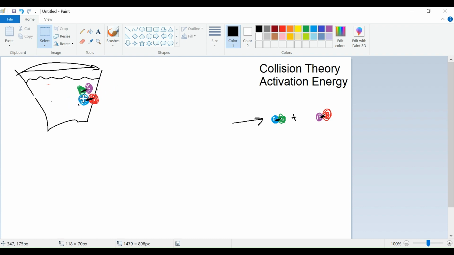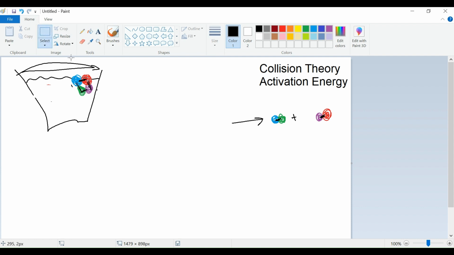But if they happen to bump into each other just right, like this or like this, then we reach what's called a transition state, which is what I have going on here. So my transition state looks like this, where I have all the pieces oriented correctly. They've bumped into each other. And now these bonds here can break, while these new bonds form right here and right here.